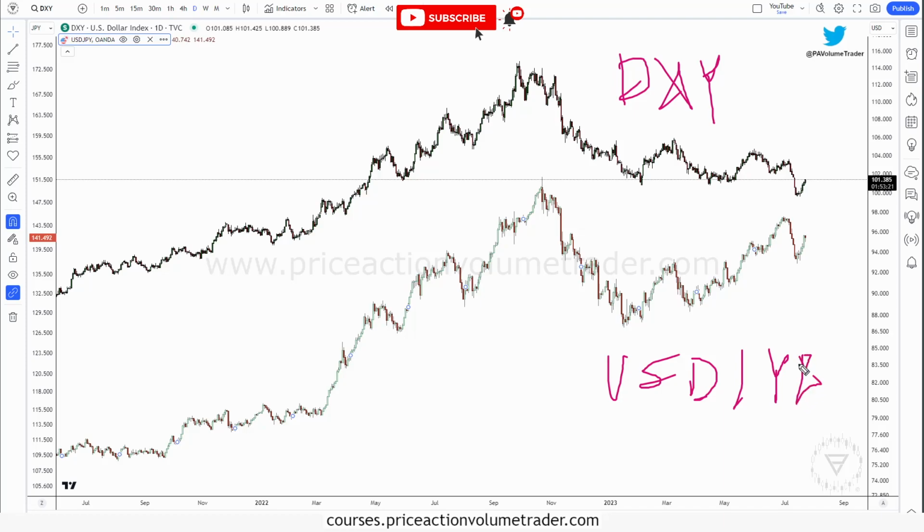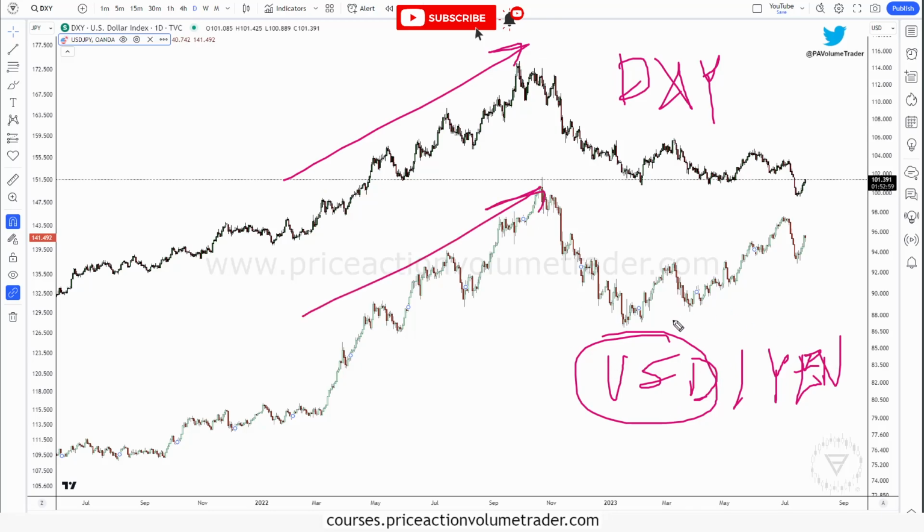Now we have the dollar as the main coin, or the main currency in this pair. So that means the dollar is going to move the same as the DXY. When the dollar index goes up, this is going to go up, because the dollar is strong and the yen by comparison is going to be weak against it.